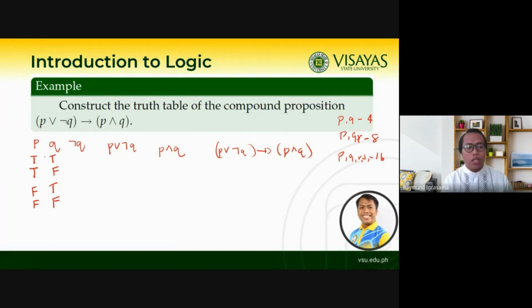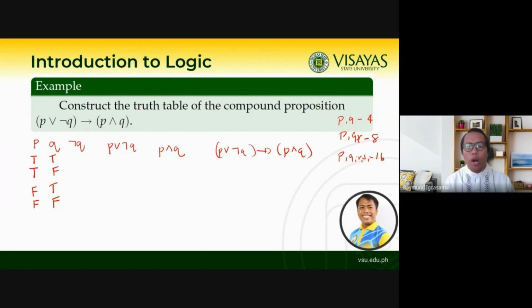Mao lang na, no? Kung P o Q lang ka, upat lang ka linya. Okay, tapos ang pattern ana is maguna kag duha ka T, tapos duha ka F, tapos interval na, TF, TF, TF. Kung mahimo nag 8, so mahimo ni siya nga upat ka true, tapos upat na pod ka false. Tapos sa Q, duha ka true, duha ka false, duha ka true, duha ka false, duha ka true, duha ka false.